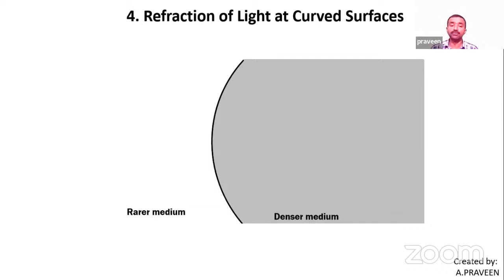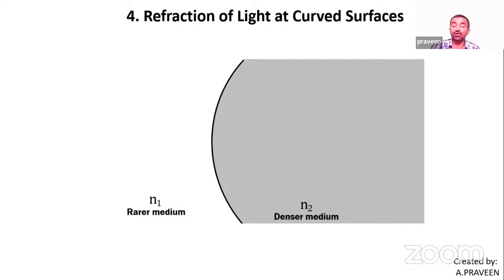The rarer medium refractive index we will take as N1, and the refractive index of the denser medium will be taken as N2. So N1 and N2 are the refractive indices of the respective mediums.